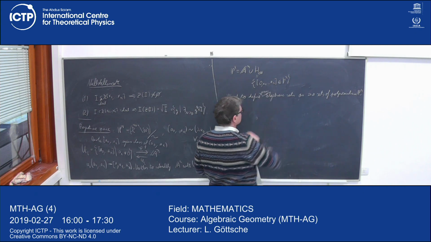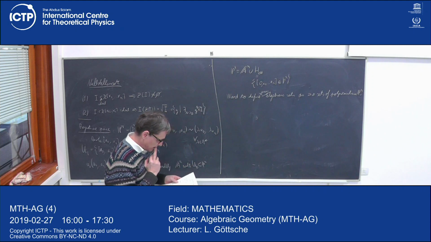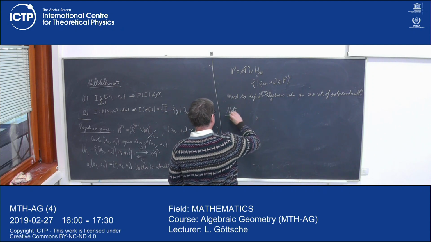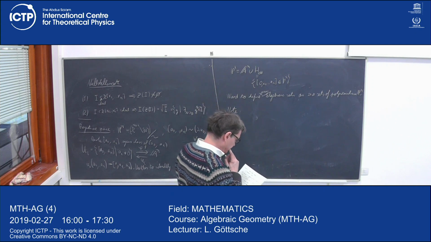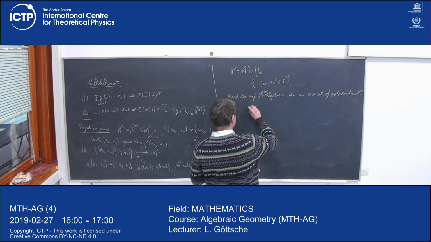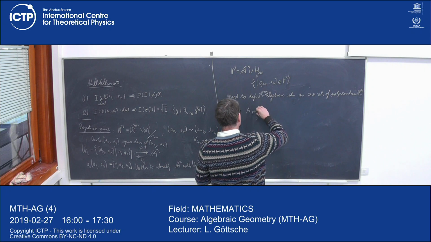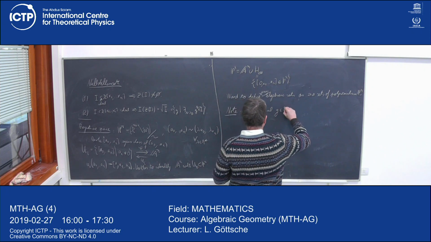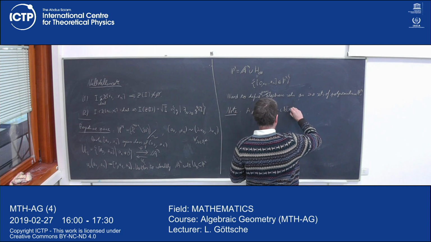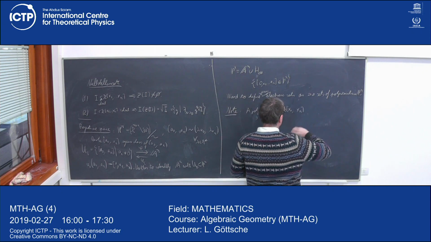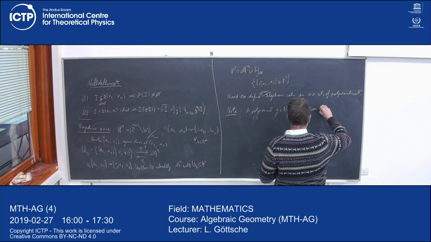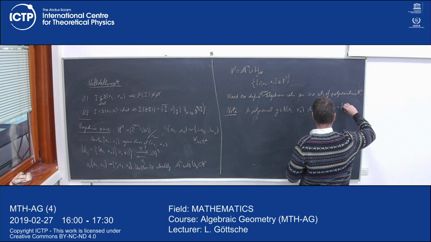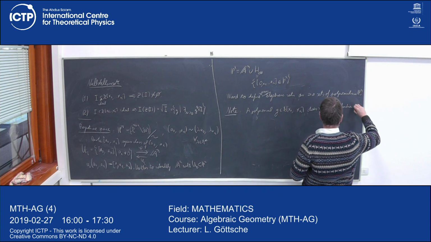Okay, we could just say we take the zero set of these polynomials, but you see there is a problem. A polynomial g in k[x0,...,xn] does not define a function on Pn.